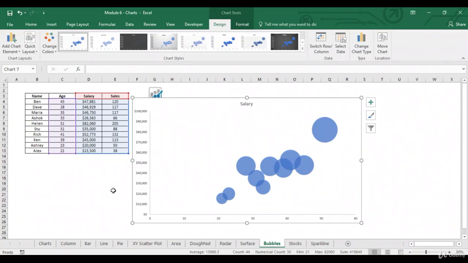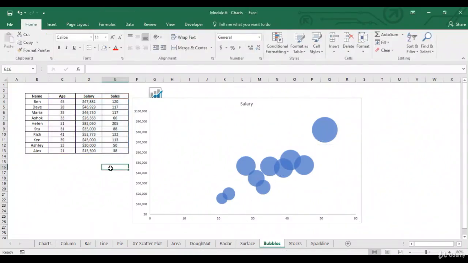So now what I want you to do is take a couple of moments, think about what we can interpret from here, and then if there is something which I'm missing, let me know. So over here, one thing is very clear, that with the increase in age, the salary is also increasing.